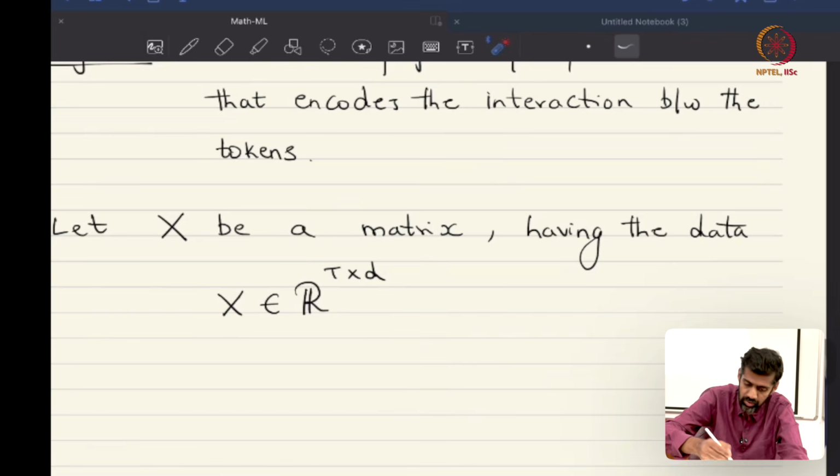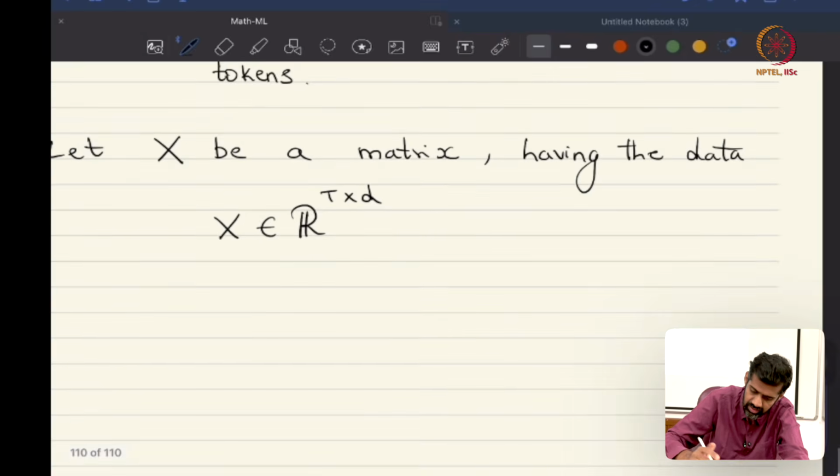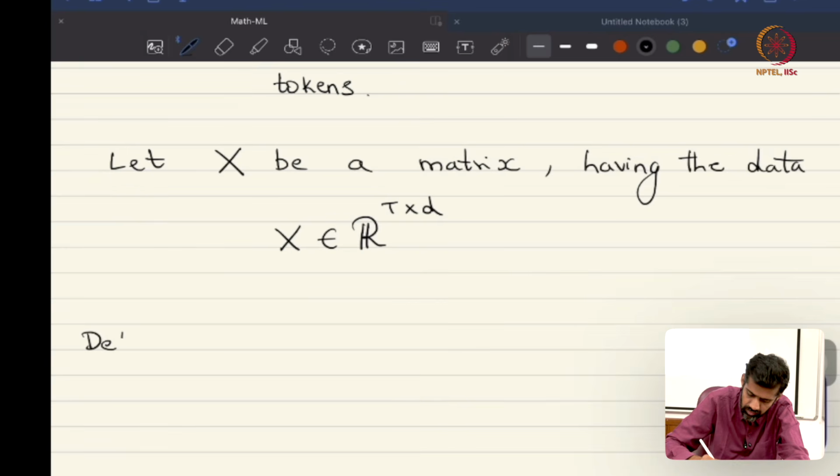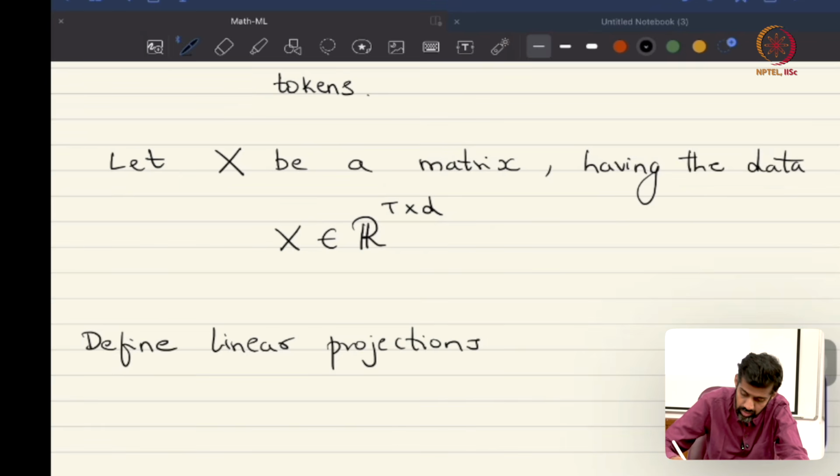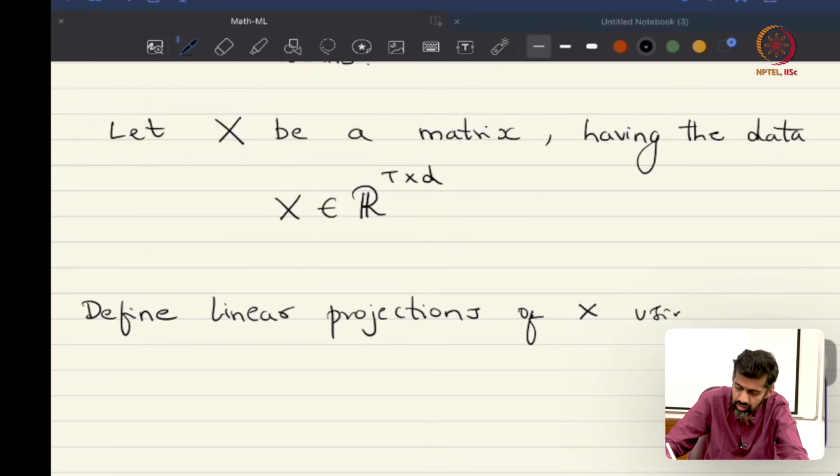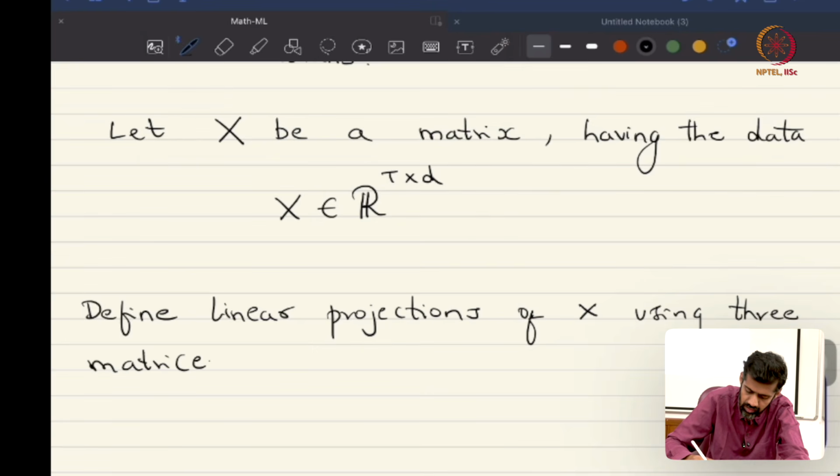Okay. Now, let us first define linear projections of X using 3 matrices. Let us do that.